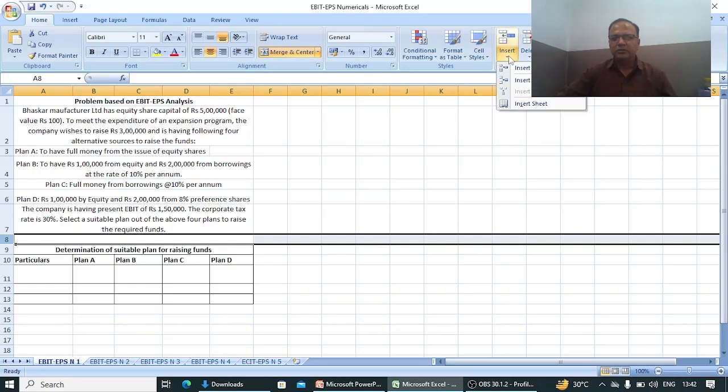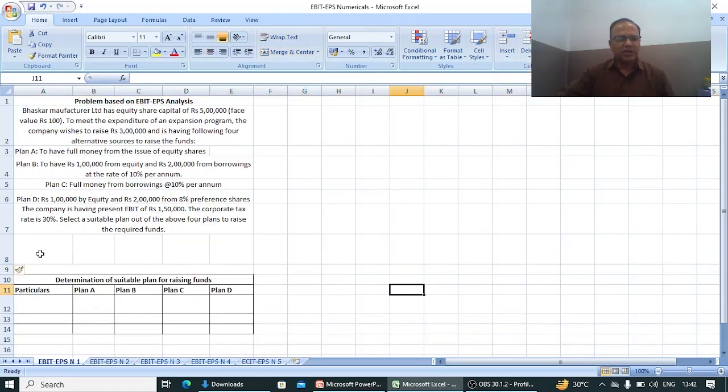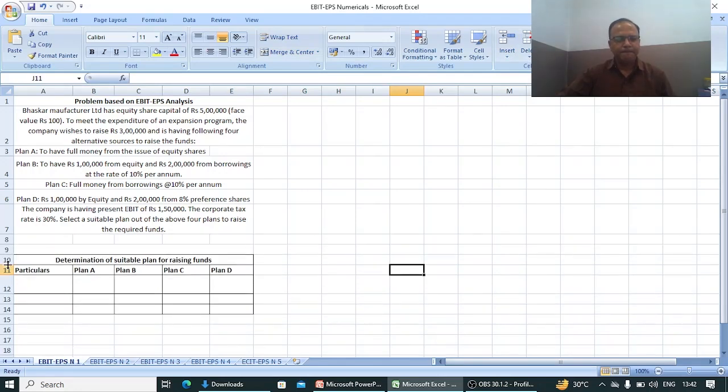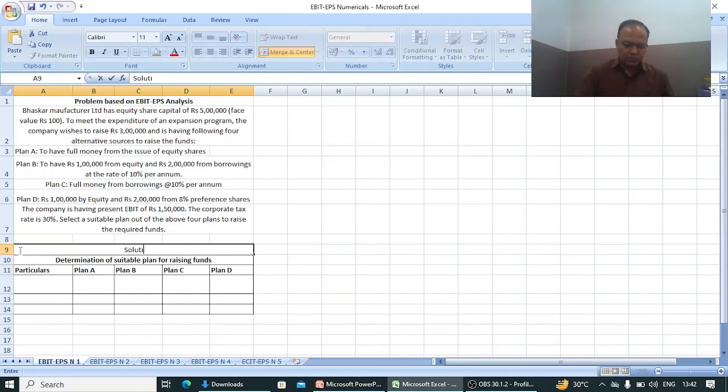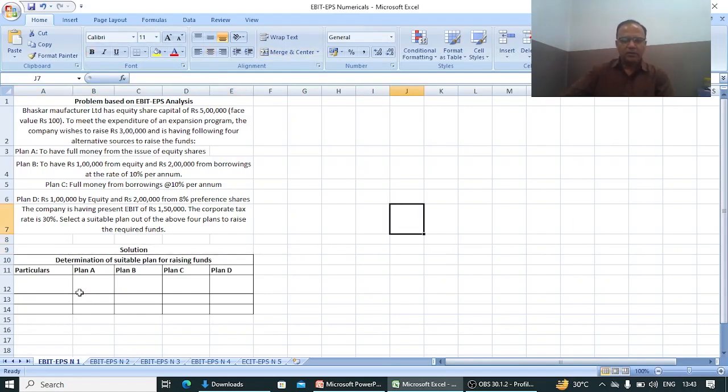let's start. This is the solution. Now, first of all, I draw this format before starting the problem so that the wastage of time can be reduced and we may focus on the solution of the problem.